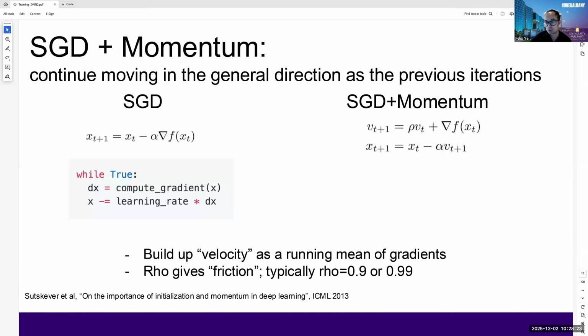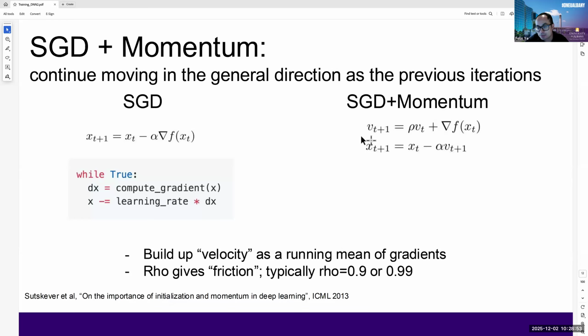What we actually do is very simple. We keep track of the gradient information. We damp the previous velocity and add the current gradient. So this will be my velocity here. This velocity has the information of the previous gradients, so you can think about this as a running average of the previous gradients.